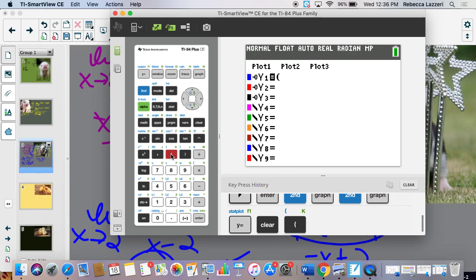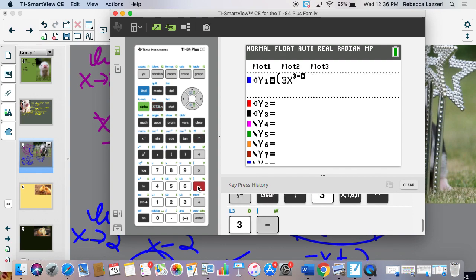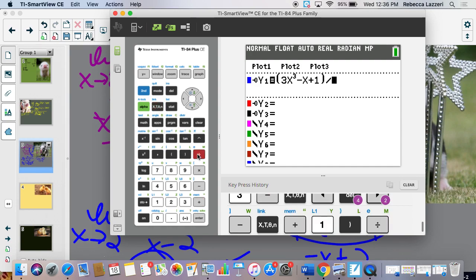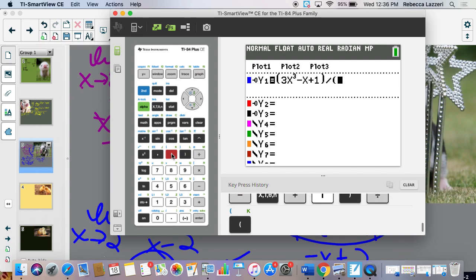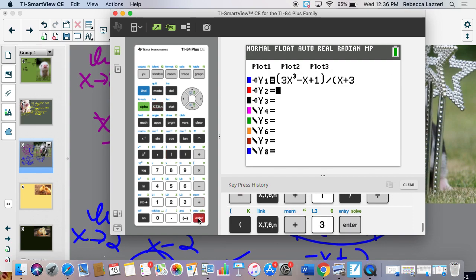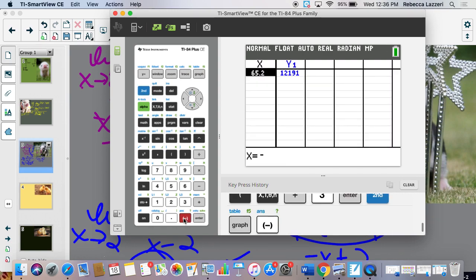I keep forgetting I have a touch screen. 3x cubed minus x, plus 1, divided by x plus 3. But I don't know what it looks like.